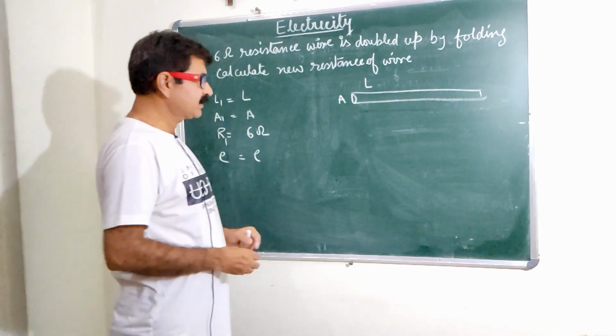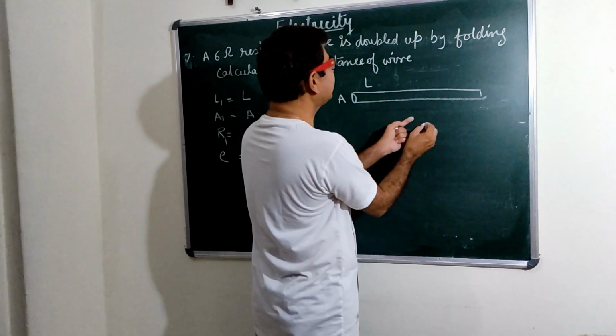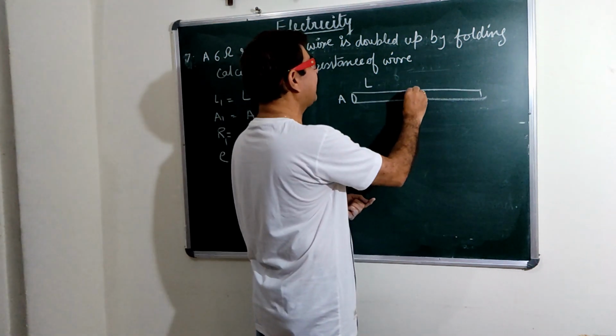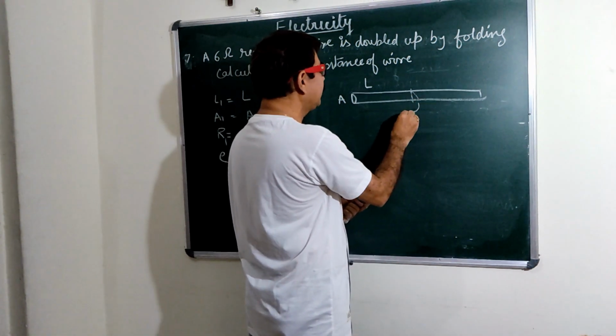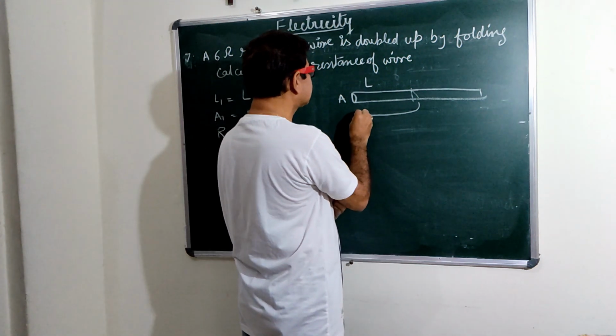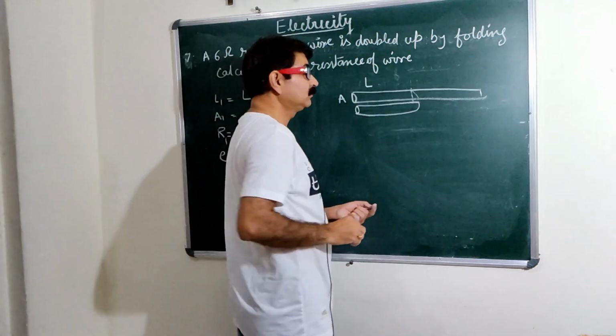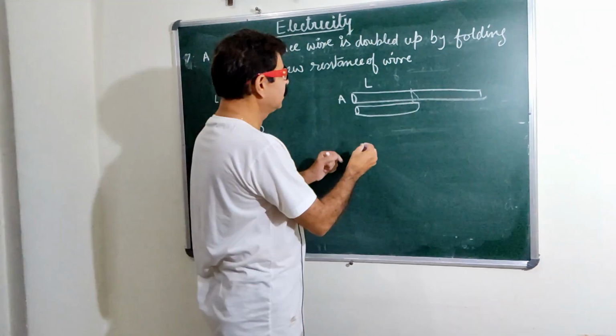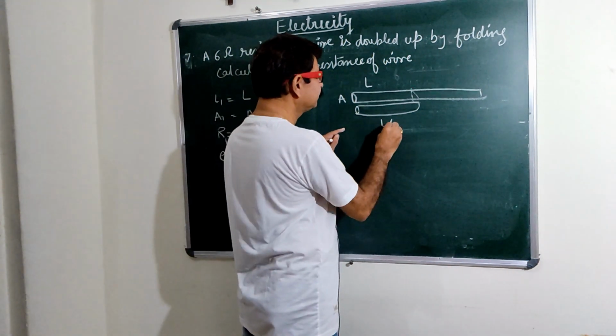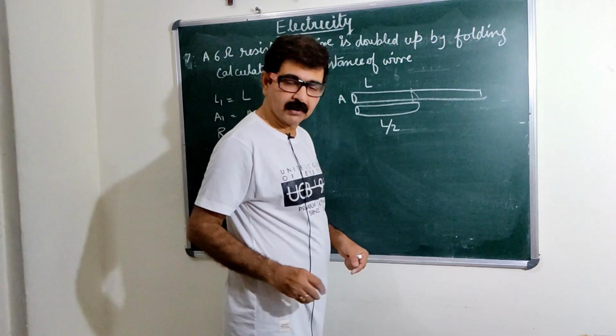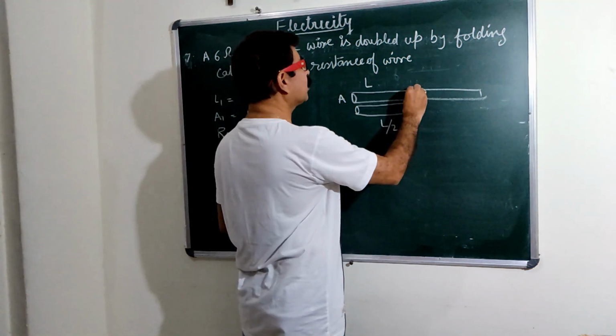Now similar wire is there, they are saying now we are bending this wire. हमने इस वायर को बीच से बेंड कर दिया, और जब इसको बेंड कर दिया, now what happens? This is a new wire when we bend it. Now the length becomes L by 2, half. And what about the area cross section?